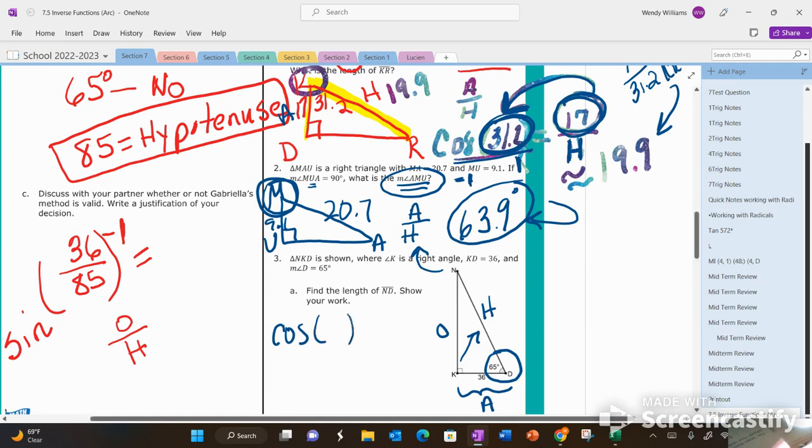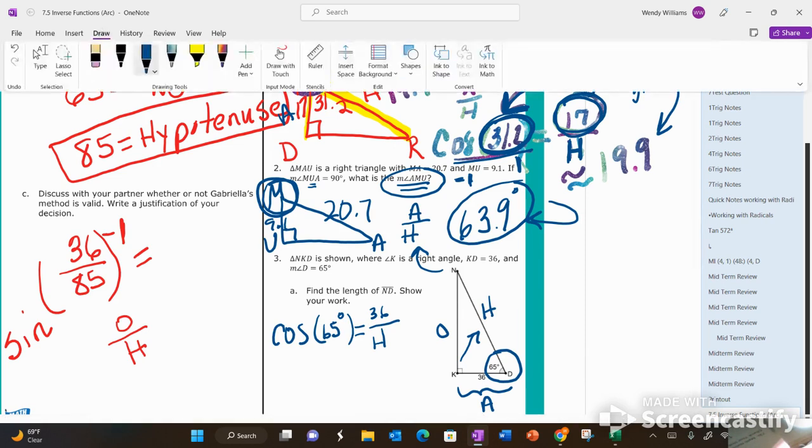They give you an angle. Simply plug it in and use it. What is the adjacent? 36. What they want you to find is your hypotenuse. Again, if your variable's on the top, simply cross multiply.